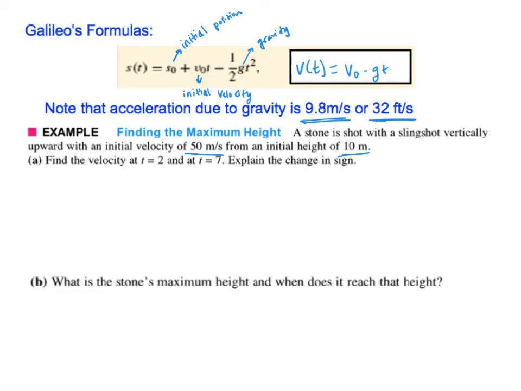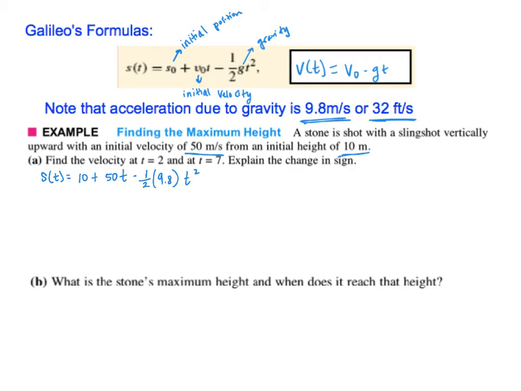So the first thing you always want to do is come up with the position equation based on the information that is given. So s of t equals initial position, which is 10, plus initial velocity, which is 50t, minus 1/2 the gravity, because we are in meters, we are using 9.8, t squared.